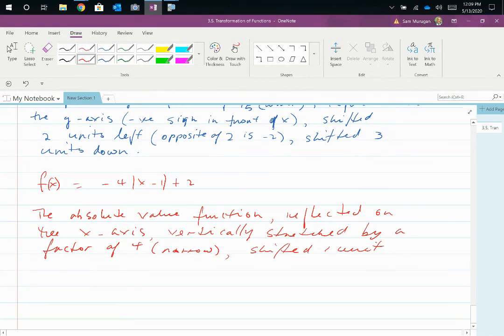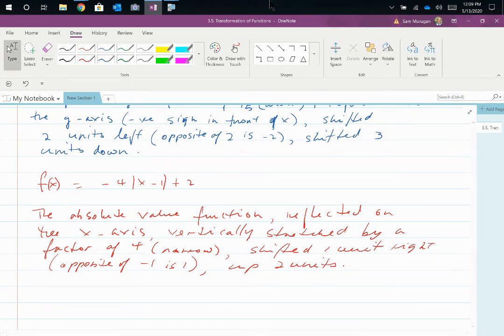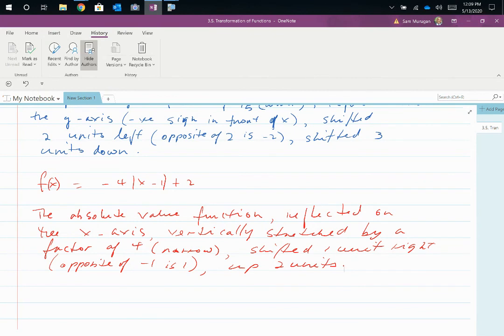So minus means it's going to the right, 1 unit right, okay? Opposite of -1 is 1. And then up 2 units. These are called verbal descriptions of graphs, okay?